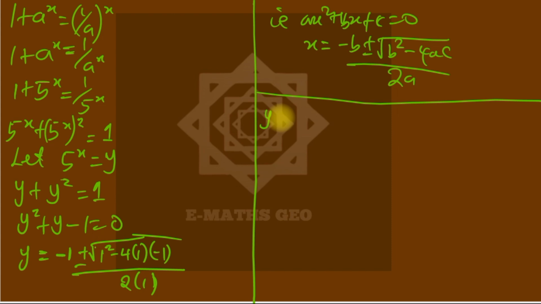So we have that y is minus 1 plus or minus root 5 over 2. So we've gotten the value of y here. So we go back.